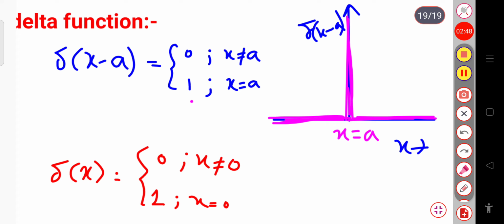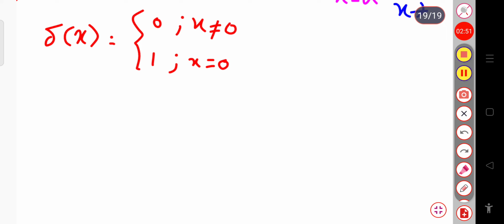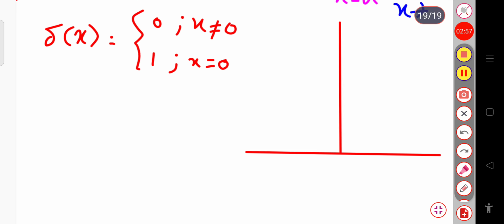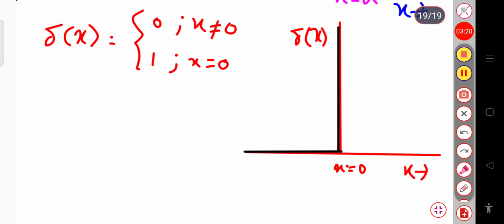Now if I plot a curve for this delta function, suppose this is the x-axis and this vertical one is the delta of x axis. At the x equal to 0 point, the delta of x value will be somehow like this, a line very close to the x-axis, and at every other point its value is nearly equal to 0.